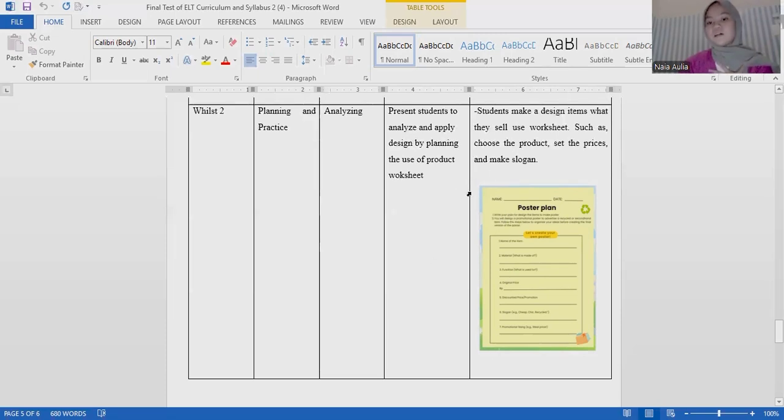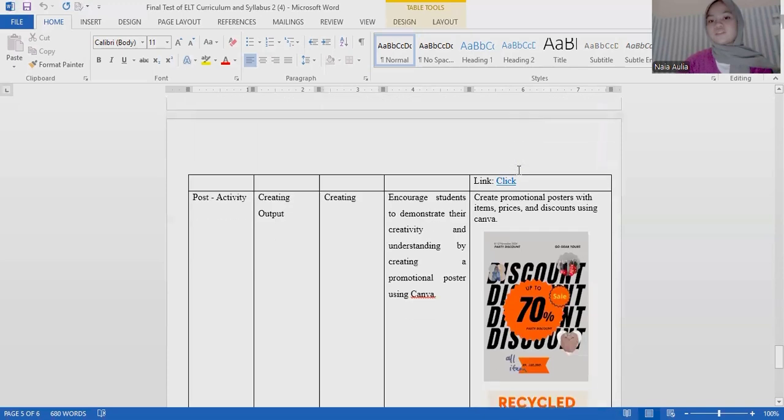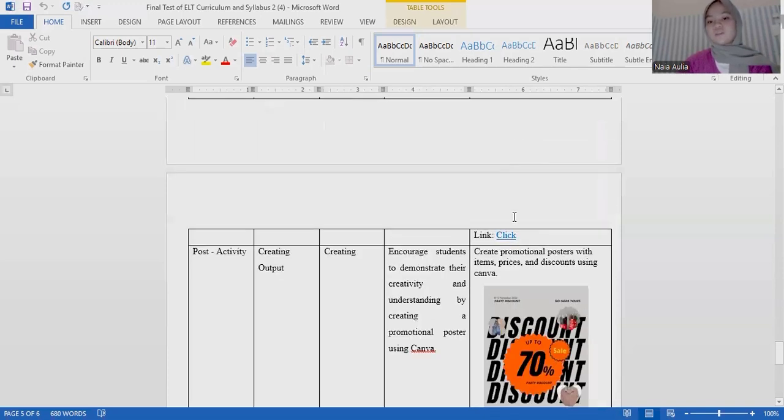Inside this poster plan, I give several questions to help them easily create the promotional poster, like what the items or products are, and then the price or the discount. The interesting part is making a slogan, so students become more active.